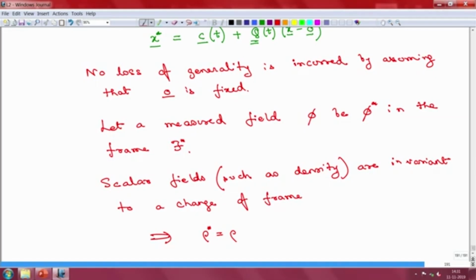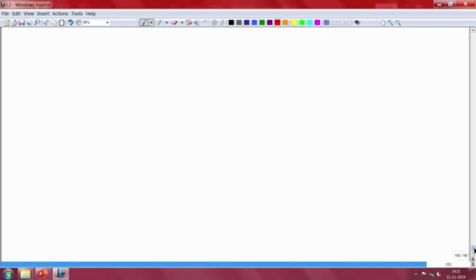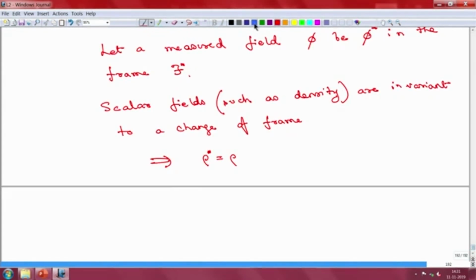So, from this we can make our first rule for scalars, and that rule says that hence for invariant scalars phi star equals phi.